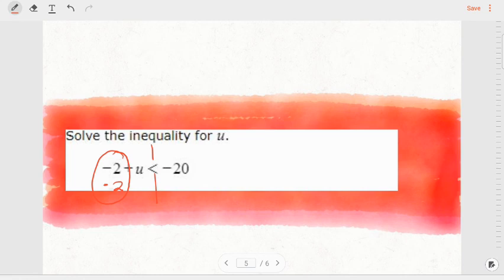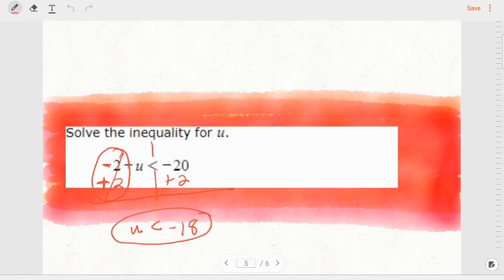In order to get something to be 0, you have to have opposites, a negative and a positive. So instead of subtracting 2, I'm going to get rid of this -2 by adding 2. I'm going to add 2 on both sides, total everything up. -2 and +2 is 0, just like I want it. I bring down my u, I bring down my less than sign, and I bring down -18.